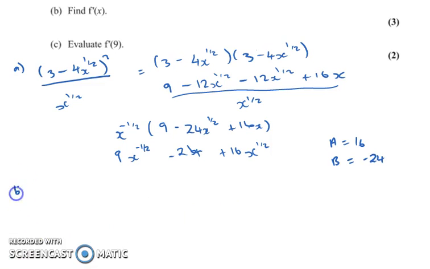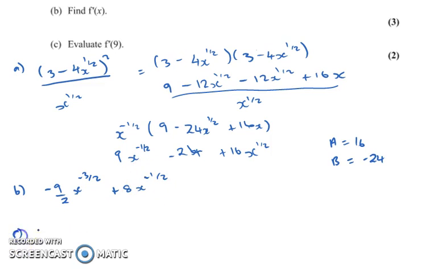So part B, we're just going to go and differentiate this. So we end up with minus 9 over 2, x to the minus 3 over 2. The constant disappears. A half times 16 is 8x. A half, take away a half, is minus a half.